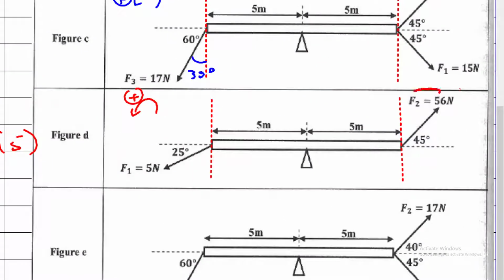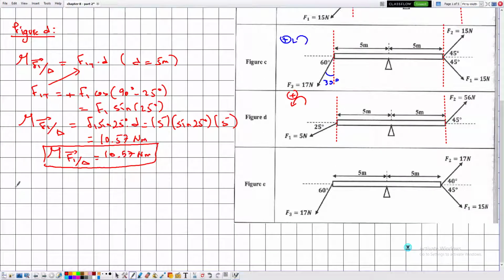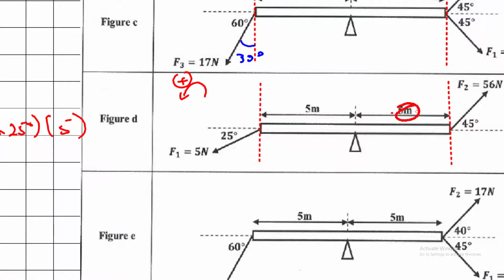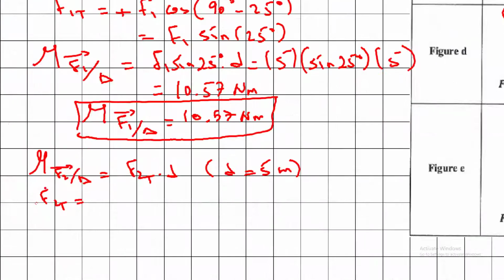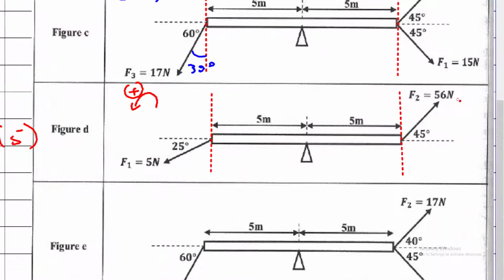As for the force F2, the moment of the force F2 around the axis delta is equal to F2 tangential multiplied by D, and in this case D is also 5 meters. F2 tangential is the projection of the F2 force along the tangential component, which is this.